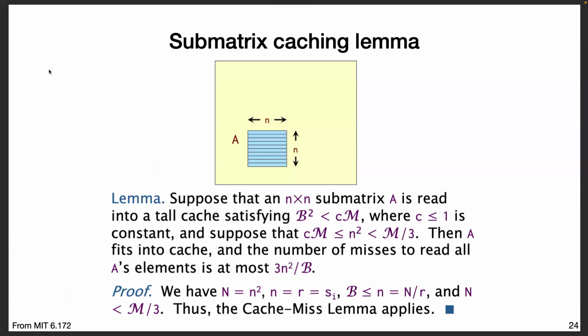The reason is that then you can get factors of M and B in the denominator, or you can always get factors of B, pretty much. You can usually get factors of B more easily than factors of M, but you can get factors of M in matrix multiplication because the work is polynomially larger than the size of the input.